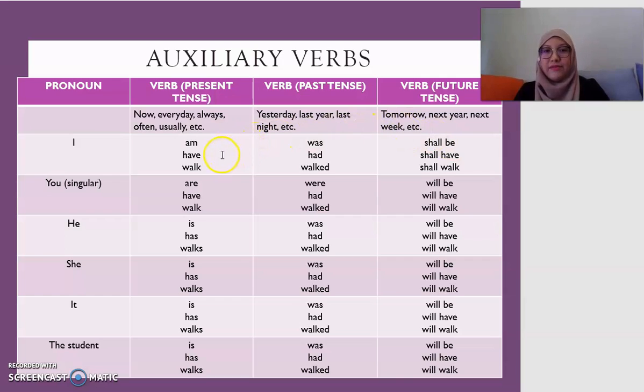Other auxiliary verbs for I are I have, I walk. You notice there's no S. And for you, when you're talking to one person in front of you, singular, you say you are, you have, and you walk, or any other verbs without S as well.